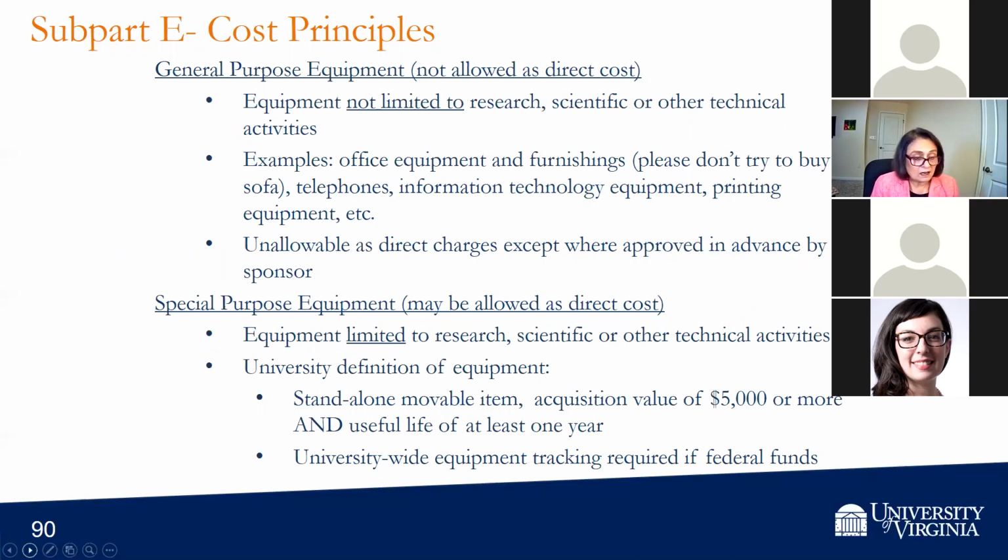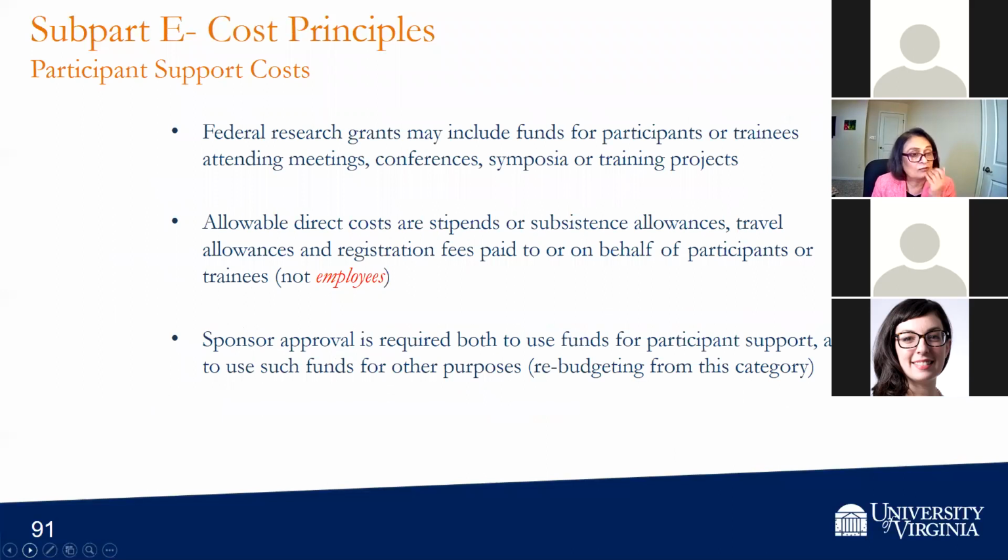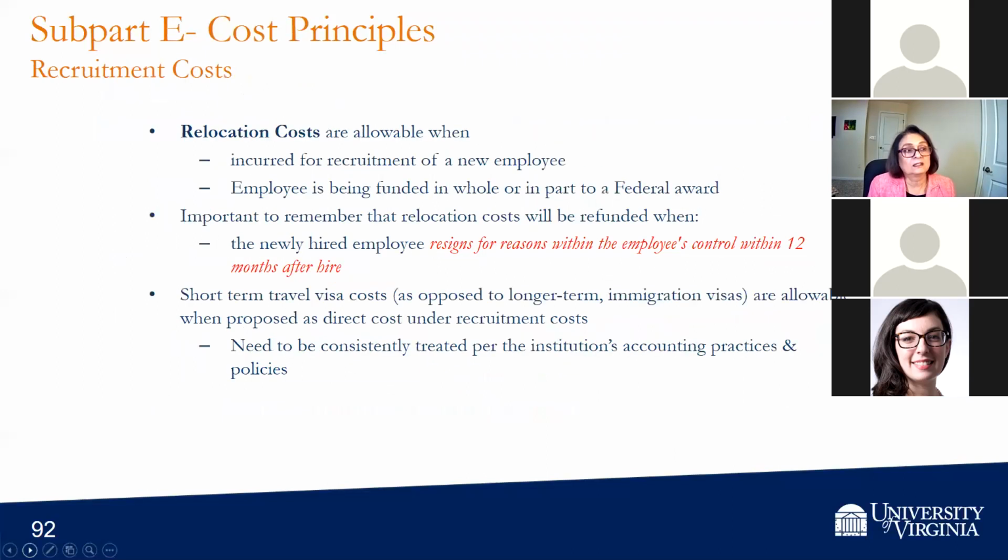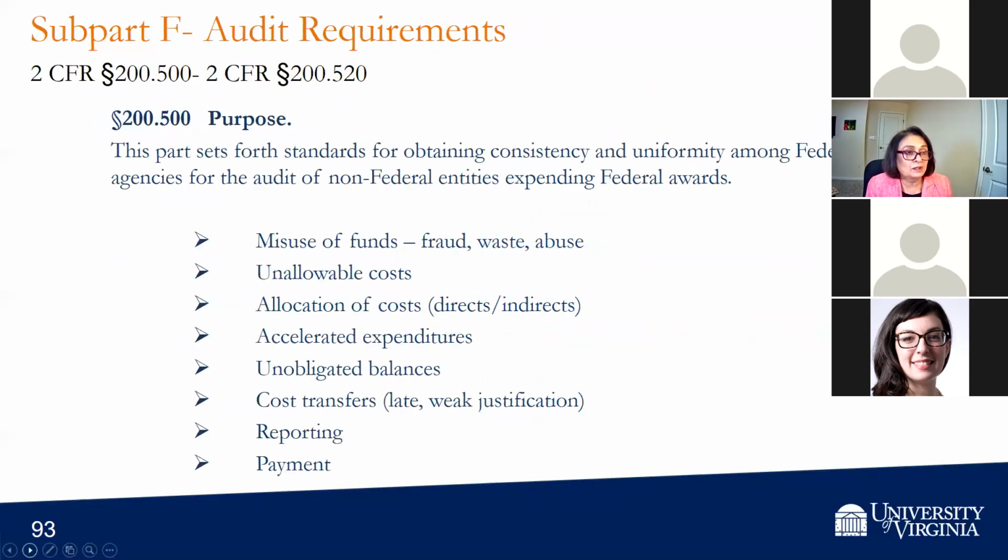So these are the cost principles, a continuation of all these different costs, and I'm not going to go through them because I need to come to the audit requirements. The purpose of this section is mainly to indicate how we have to have ourselves audited by a single audit clearinghouse.